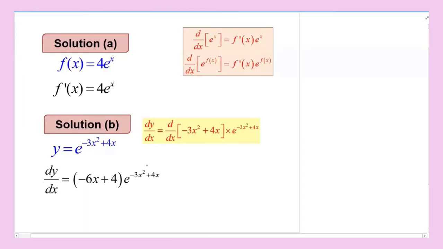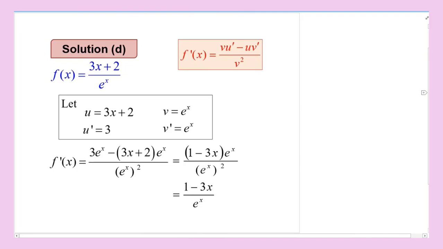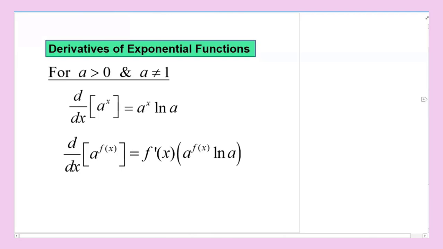Kita go to number. This is the solution, solution for C, solution for D. Okay, and then derivative of exponential function. Okay, so dia dah bagi a positif, a not equal to 1. And then for exponential, macam e power x, dia bagi bentuk a, macam 2 power x, 3 power x.